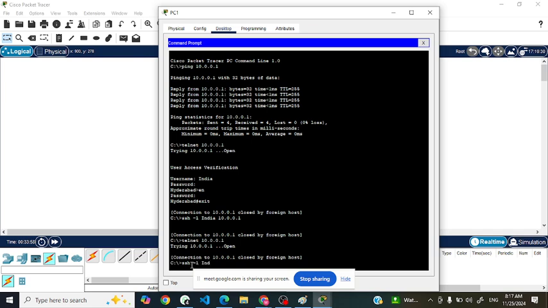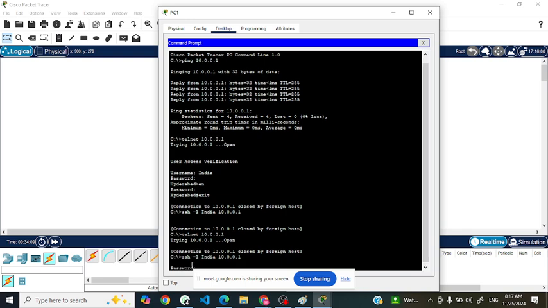Okay, telnet. So I am trying the SSH connection. What was the username? India. 10.0.0.1, destination IP. Now you are seeing we are able to take the access.